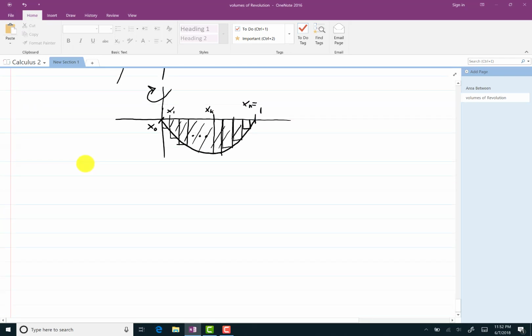And then if we're going to revolve this around the y-axis, this little piece in here is going to become a little cylinder. This piece right next to it is going to become a concentric cylinder, so I guess we might do something like this. It's bigger than the other one with that being inside of it.